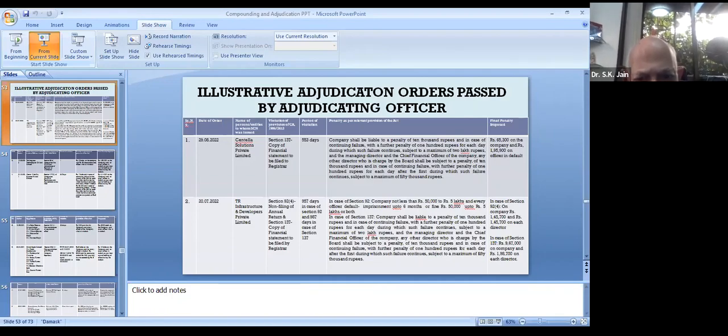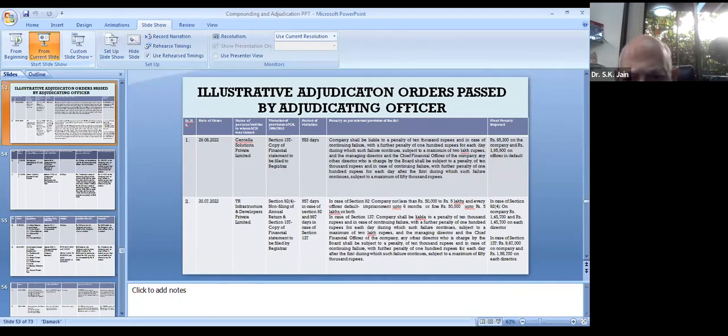The delay is 957 days in case of Section 92, and a delay of 962 days in case of Section 137, that means financial statement. So what is the amount of penalty?